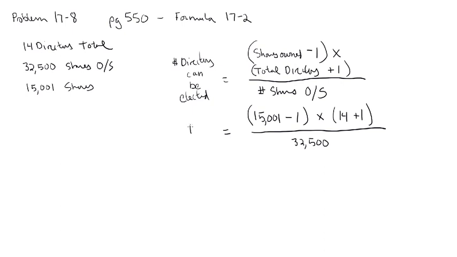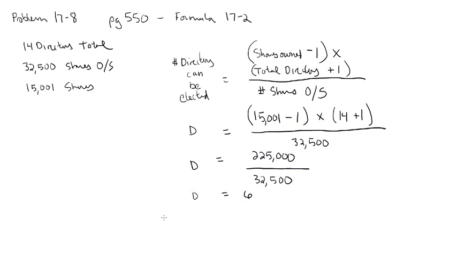Okay, so we'll just call this D. D equals, when you do the math, 225,000 divided by 32,500, and that means the number of directors that can be elected is 6. Okay, 6 directors could be elected by the dissident stockholders under cumulative voting.